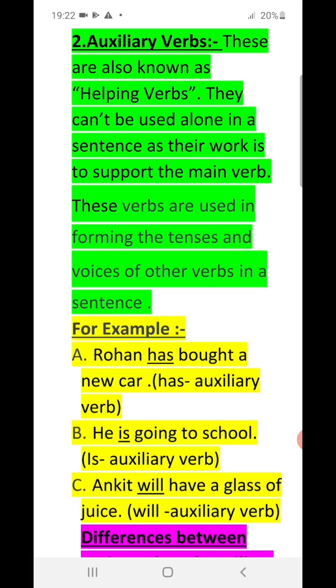Okay. Next, see the examples. Number A. Rohan has bought a new car, where has is standing as an auxiliary verb and bought is the main verb. So has is basically supporting bought over here, which is standing as the main verb.